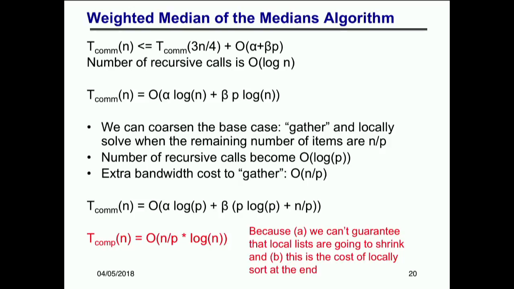That processor might be unlucky and might be choosing a bad pivot all the time. So I'm not really getting the advantage of shrinkage in general. And the second reason is there's a local sort anyway, so it doesn't matter. The local sort is n over p times log n over p, which is more or less the same thing. So there's not too much reason to optimize this step.